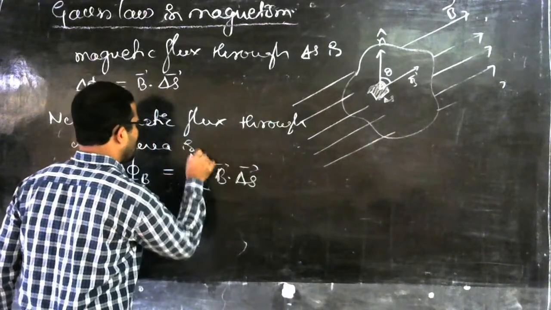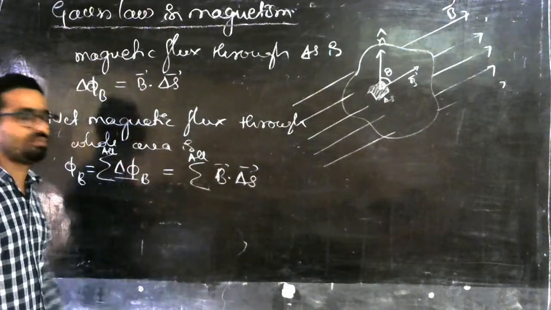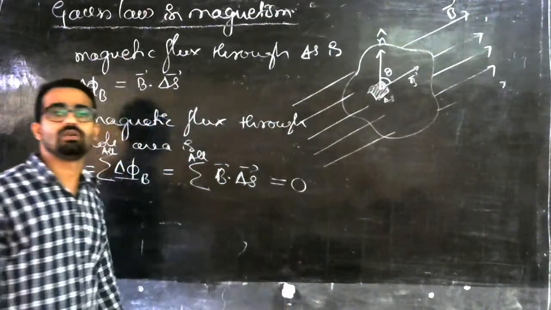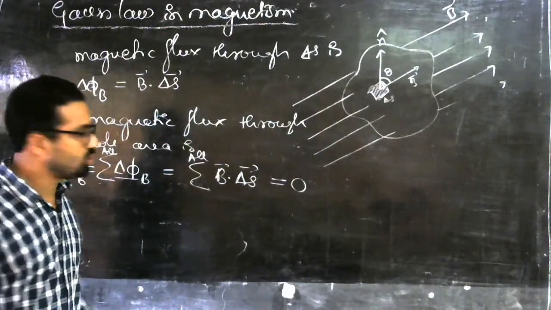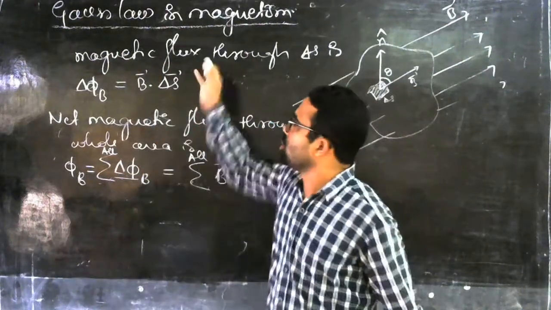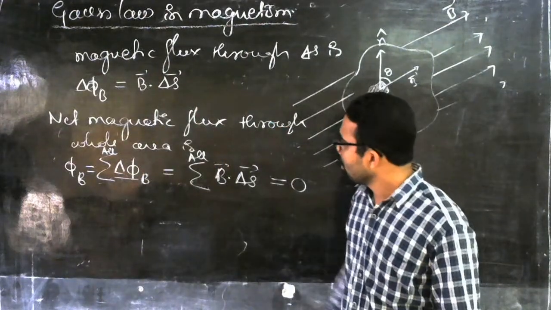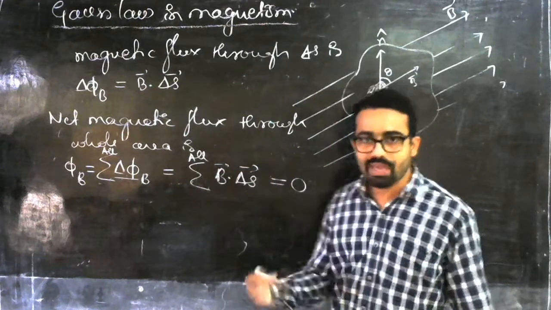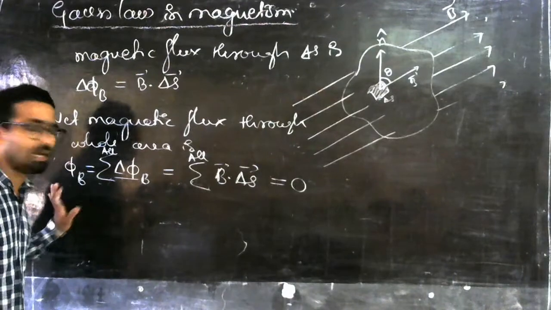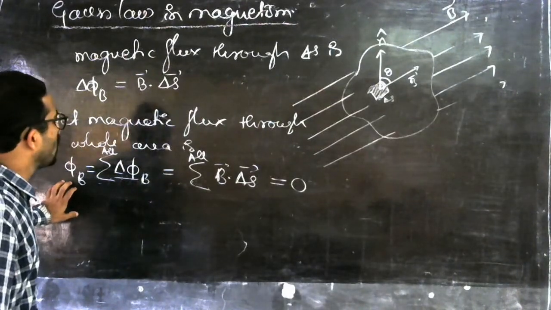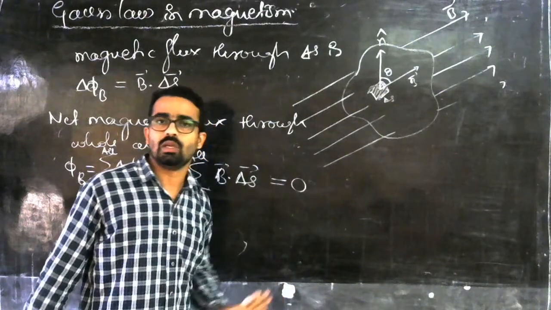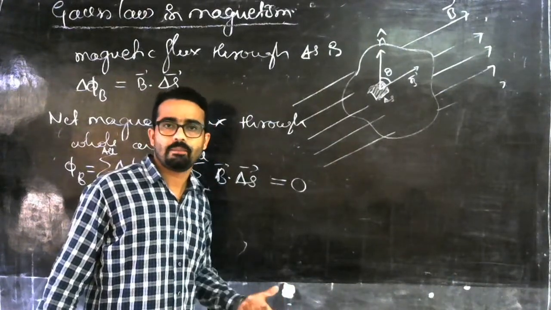So this is all. What will happen is, this gives the value equal to 0. So this is what was said by Gauss. From this equation what we can say is the net magnetic flux over a closed surface will be equal to 0. Why?